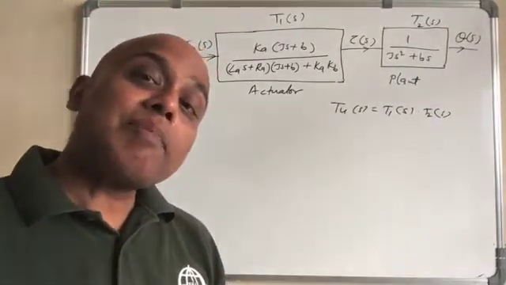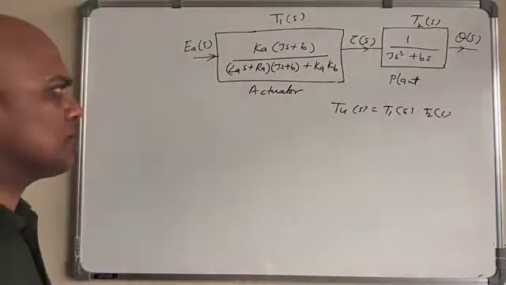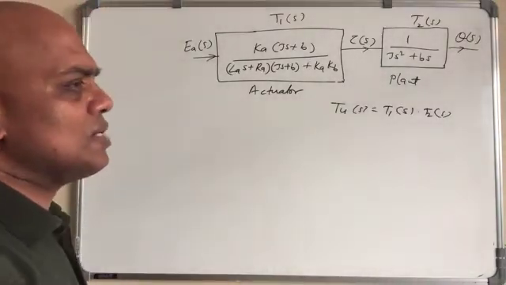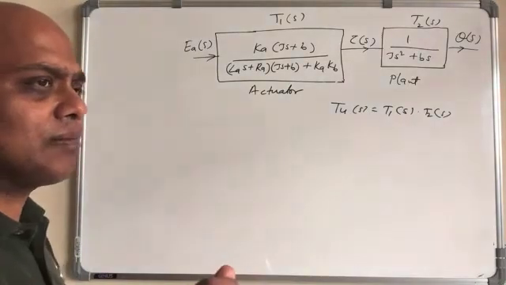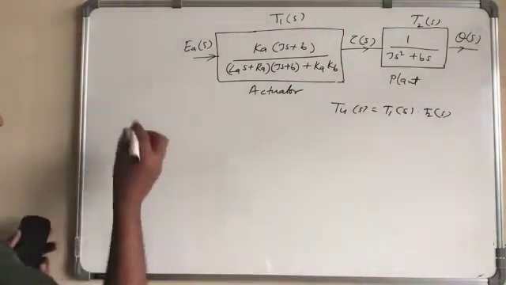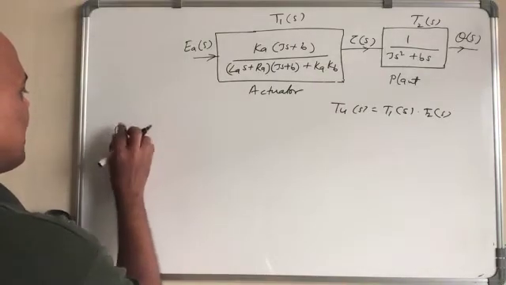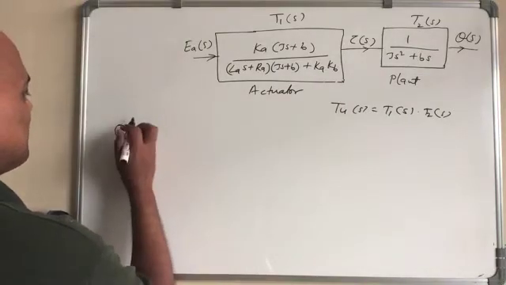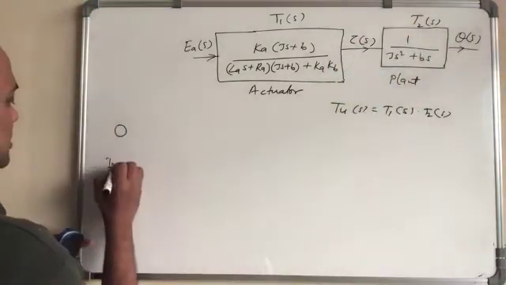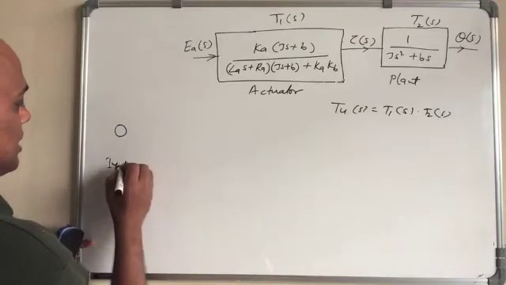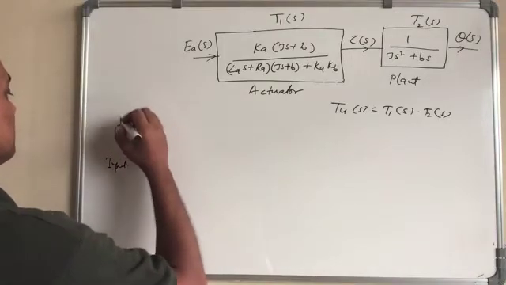Let's take the example of a servo motor. A servo motor, you have to control basically. Say there is a knob here, and you want this to move to a particular angle. So this is the input.